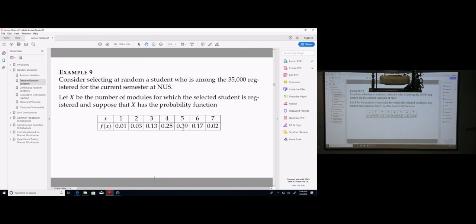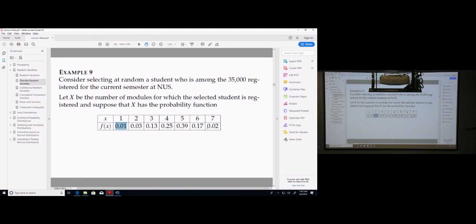I don't know whether it is based on hard data, but probably it's a fairly good guess. So the majority of the students, about 40% of them, take 5 modules in a semester, and very few take one module. Probably these students wanted to wrap up their study here.